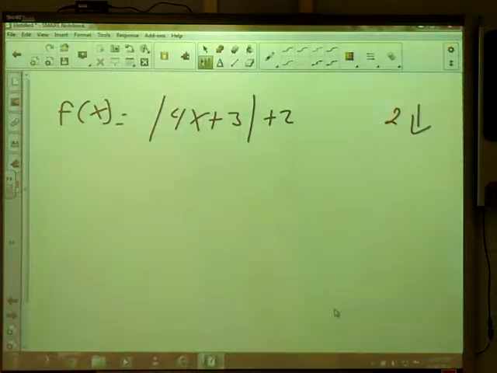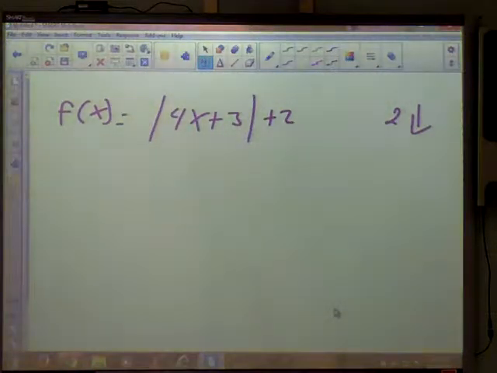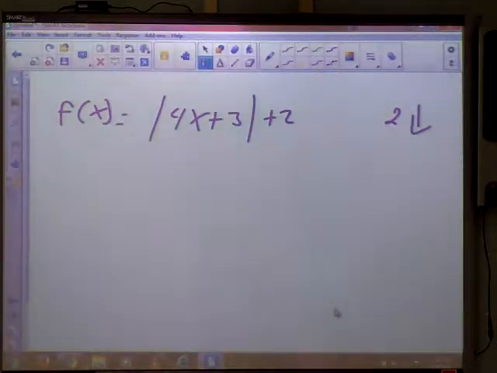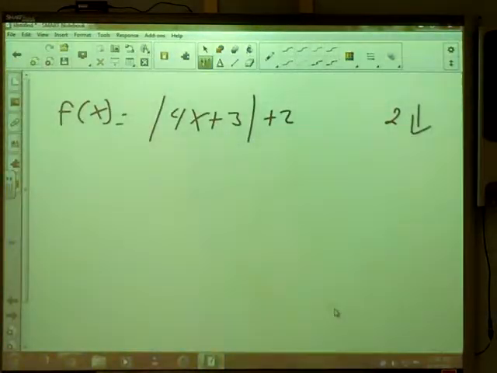Go 2 down. And then do stick 2 on the left. Add 2.